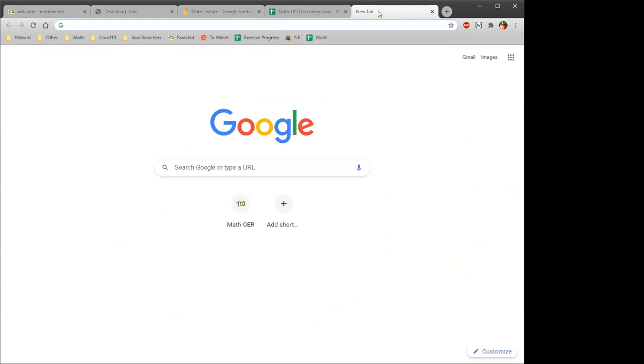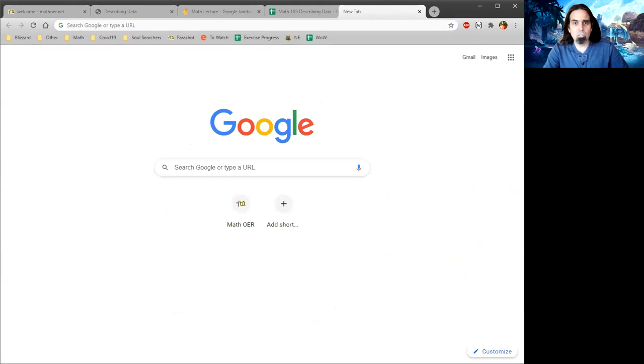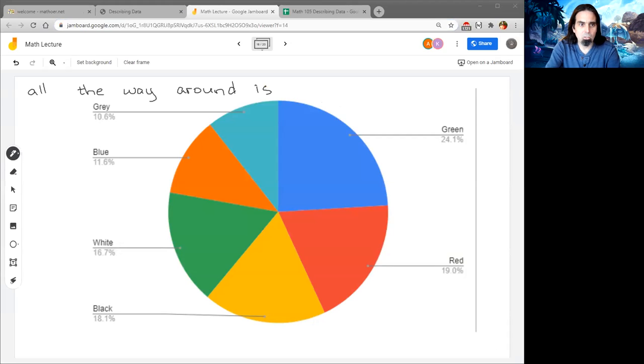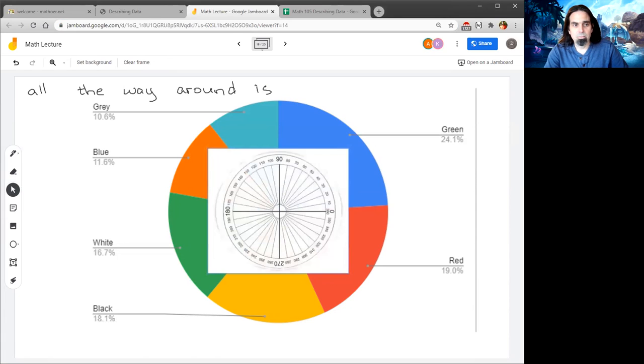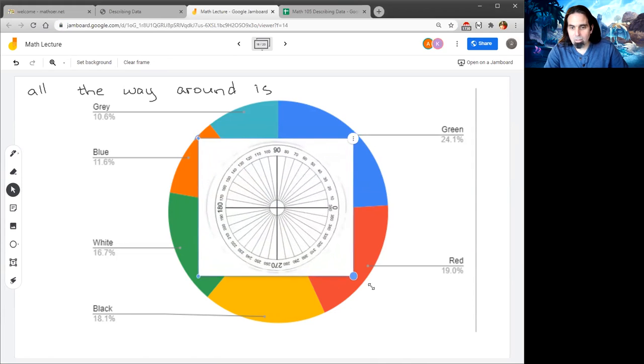Okay, I'm going to move this off the screen just as I search Google for protractor round, see if I can get a good picture to paste. That's what I want. Okay, so here's a picture of a protractor.